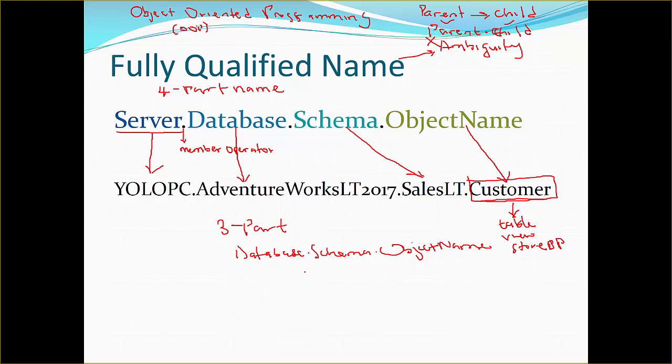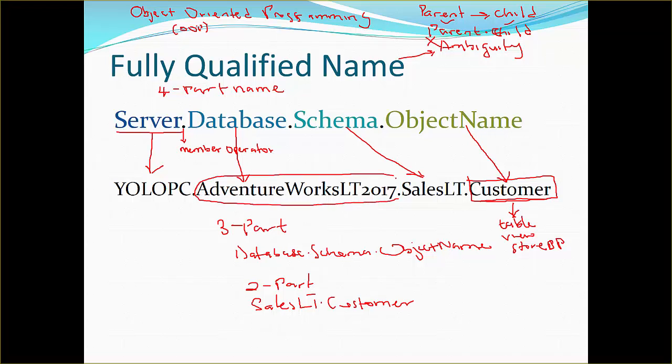And then sometimes you can even use the two-part name, which is just your schema name dot the object name, so sales LT dot customer, as long as you have changed the database context to point to the particular database you are trying to work on.